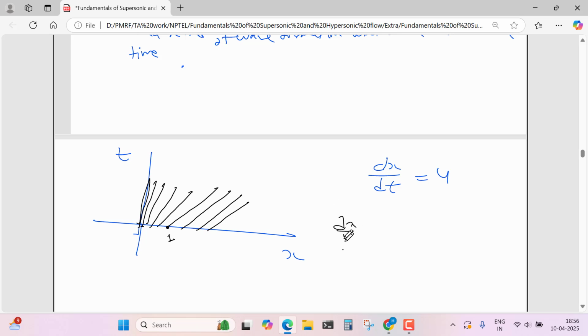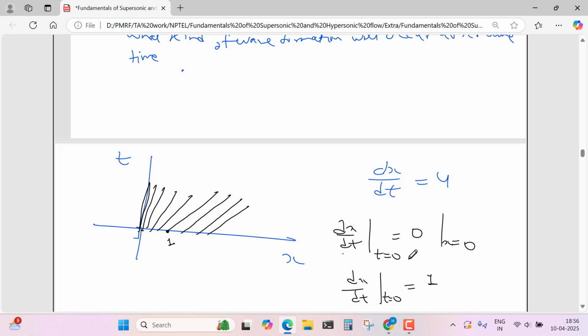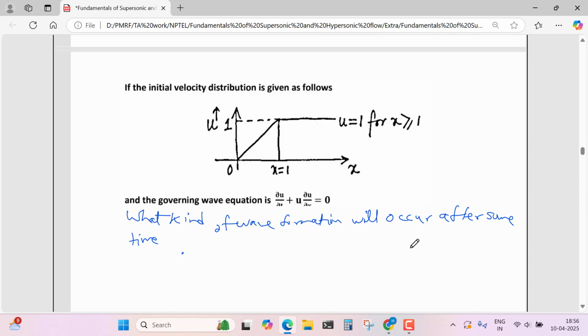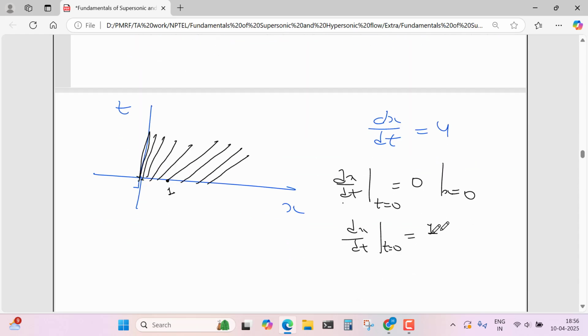So dx by dt at t equal to 0 will be 0 for x equal to 0, and dx by dt at t equal to 0 will be equal to 1 for x greater than or equal to 1.